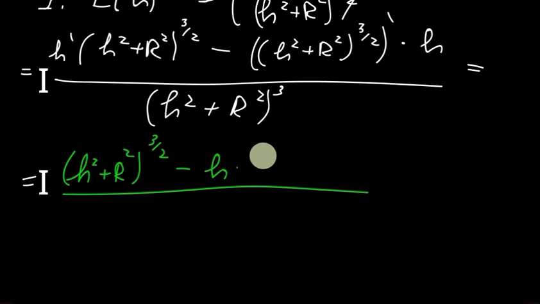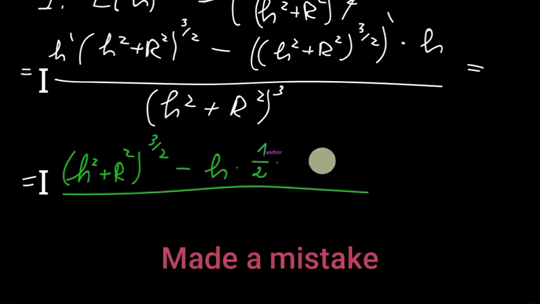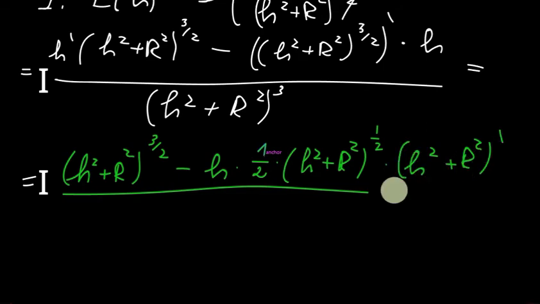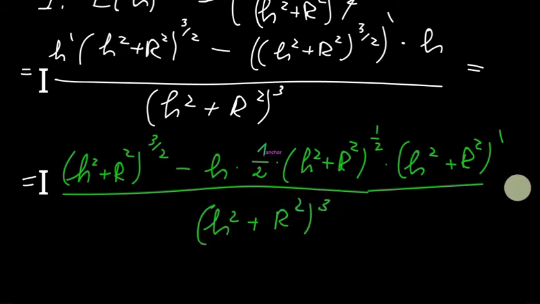So we get 1/2 times h squared plus r squared to the power of 1/2 times the derivative of h squared plus r squared, divided by h squared plus r squared to the power of 3.